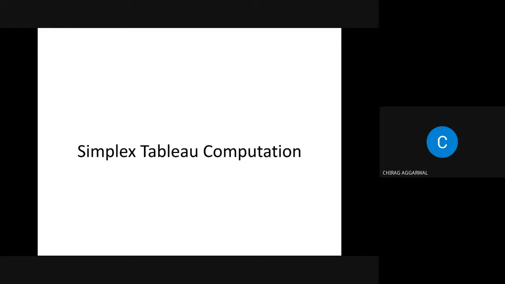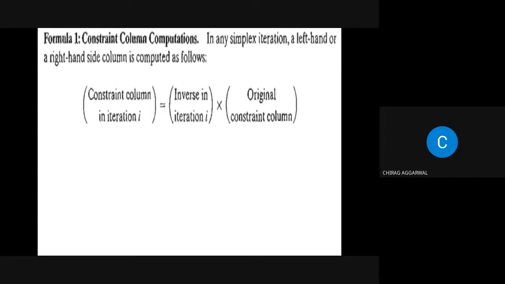So here we have two formulas. One is formula one, constraint column computation. How can we compute the constraint column? In the table we have the following entries on the left hand side and the right hand side. In any simplex iteration, the left hand side and the right hand side of the constraint column are computed as follows.